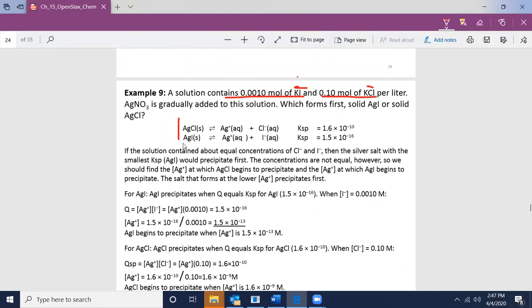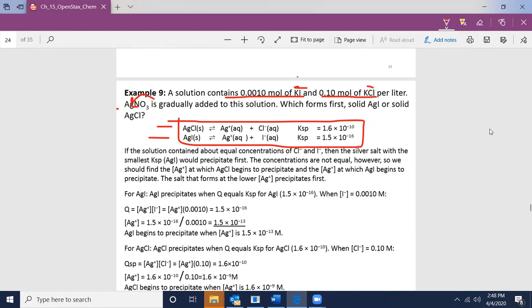So then we're going to look at these two reactions of the dissociation or dissolution of these compounds. What we are adding, AgNO3, is gradually added. It means we are introducing silver ions into it. Add to the solution: which forms first, solid silver iodide or solid silver chloride?